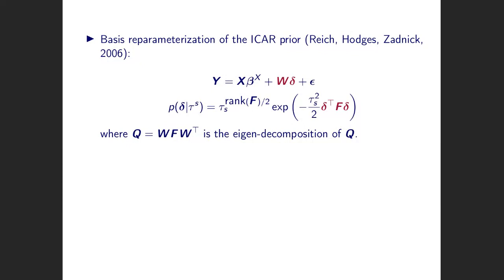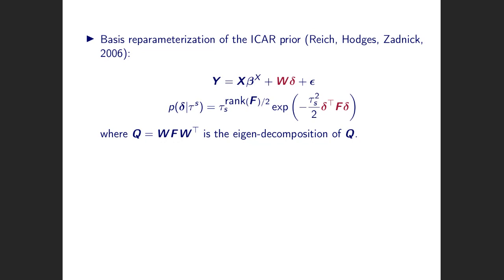In one of the first papers introducing the idea of restricted spatial regression, by Reich, Hodges, and Zadnik, they noticed that this spatial linear mixed model with an ICAR prior could be written in the following form.